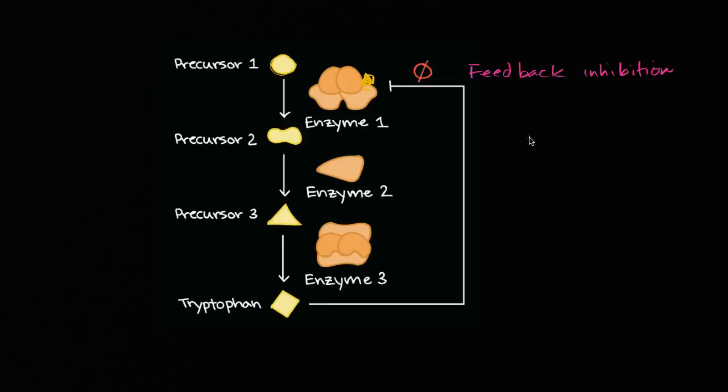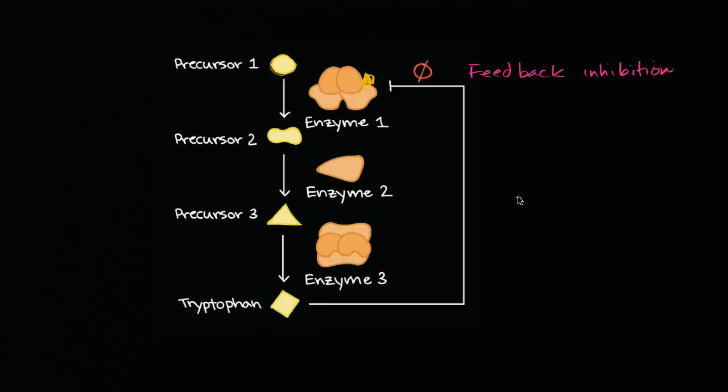But it's important to realize that the regulation of the creation of tryptophan doesn't only occur at the transcription level. And I'm not going to go into this in this video. It's a slightly more advanced topic, but there's also regulation of tryptophan biosynthesis through a process called attenuation, which doesn't affect the start of transcription, but it affects how things get completed, and it will keep the entire process from going to completion.